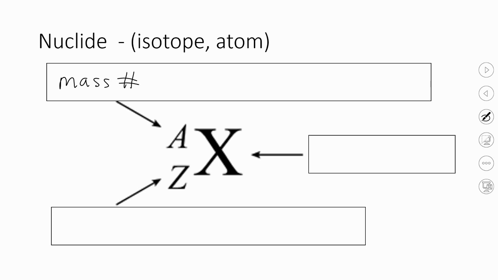Does that sound familiar, the mass number? Okay, and then what do we add to get the mass number, the top number? These big ones. So this number at the top, that's the mass number, that's our superscript number.